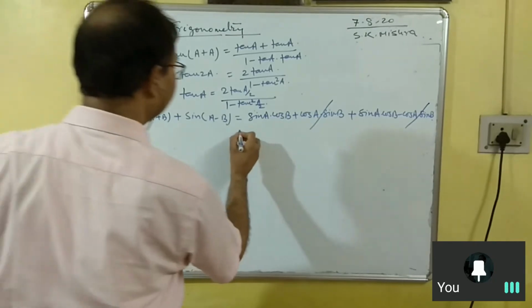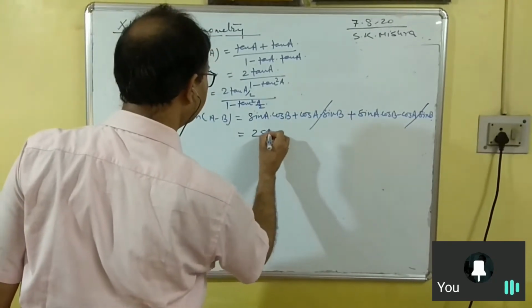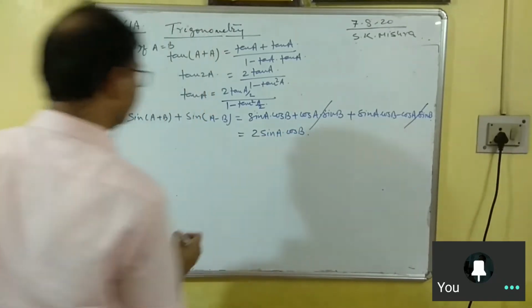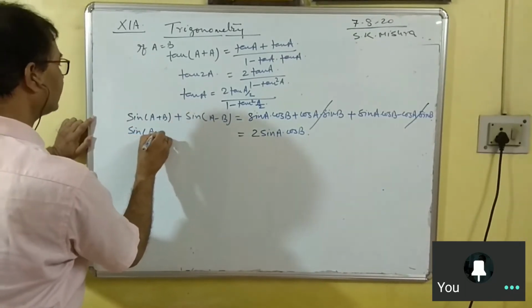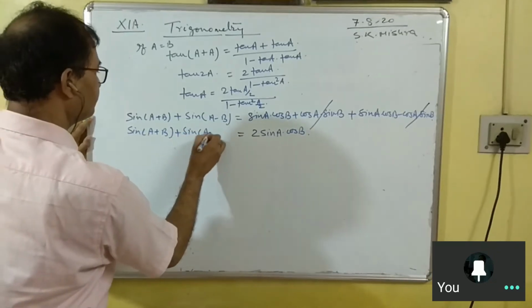Then you are left with 2 sin A cos B, which is the formula for sin A plus B plus sin A minus B.